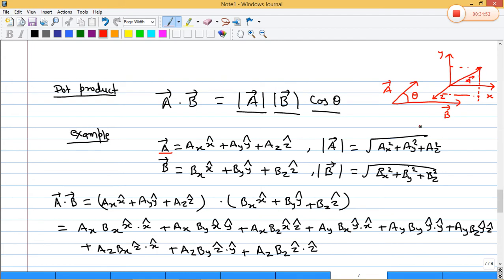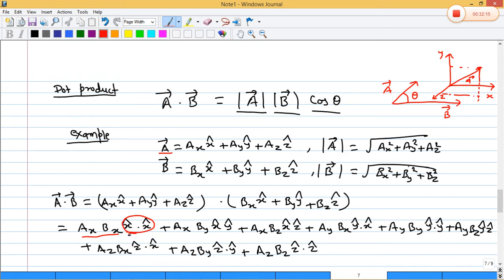Okay. Now similarly the B vector will be there. So bx, by, bz are the magnitudes along x, y, and z. So this product ax and bx is the magnitude, but the main thing is this one, x cap into x cap. Why?